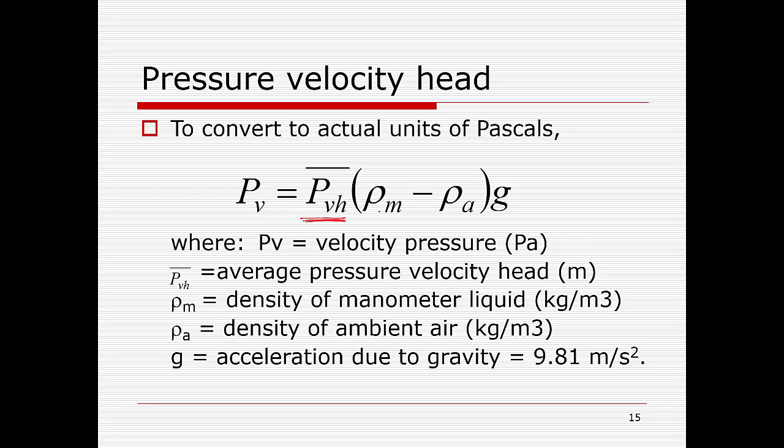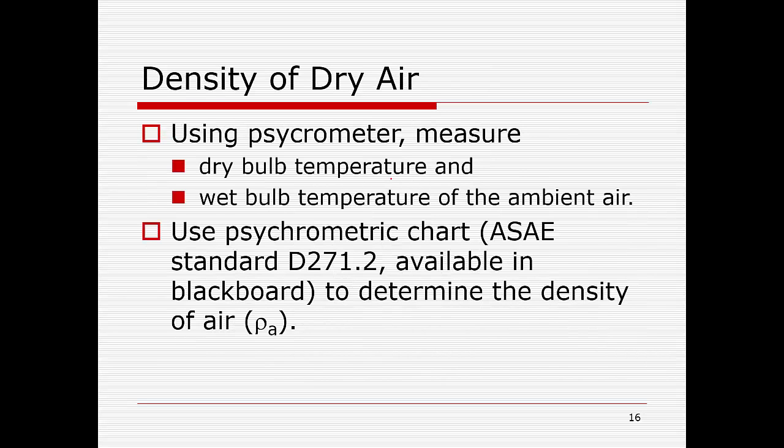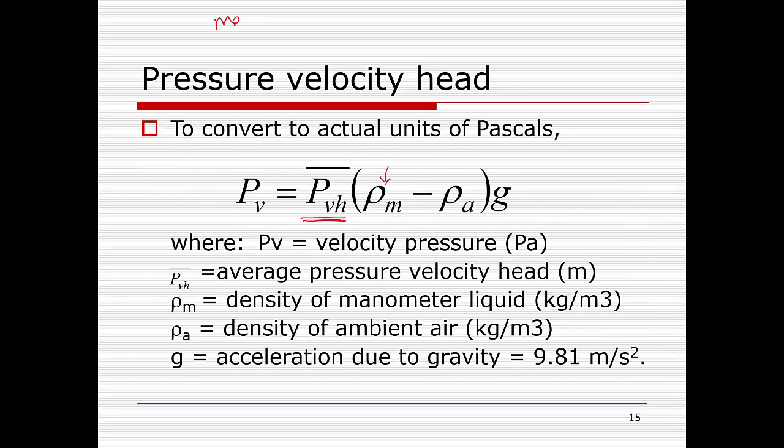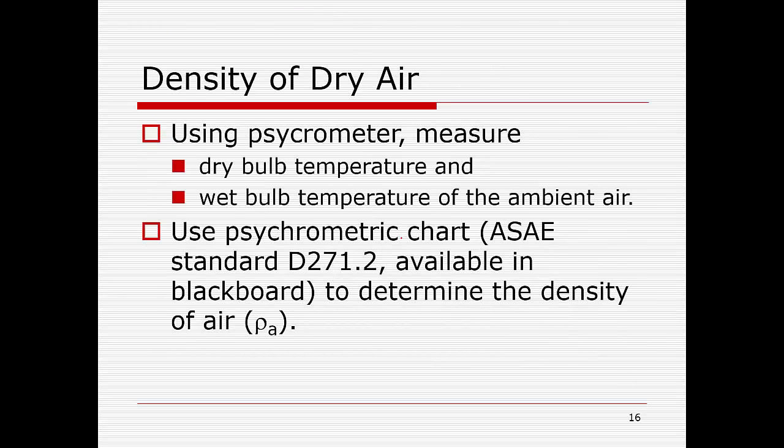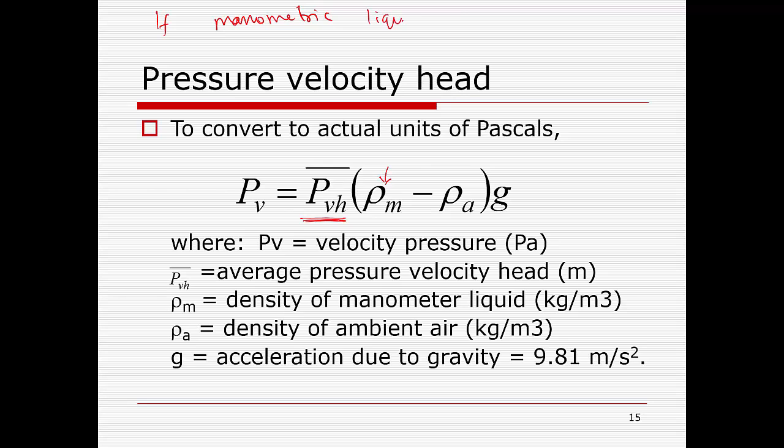If it is a fan, rho a is the density of the air, and if the manometric liquid is water, then rho m is 1000 kilogram per meter cube, rho a is 1 kilogram per meter cube. Maybe you can even ignore it, right? Then PV is nothing but rho g h, right?